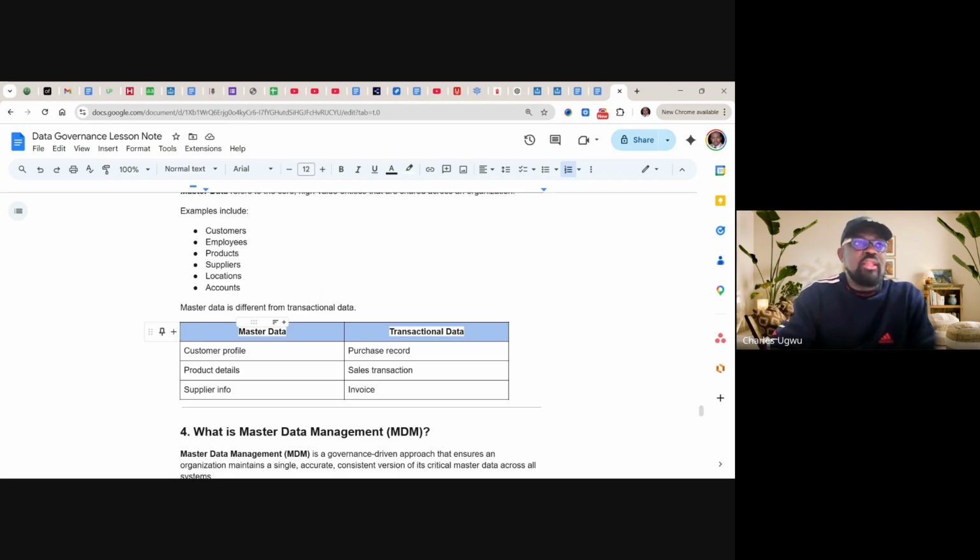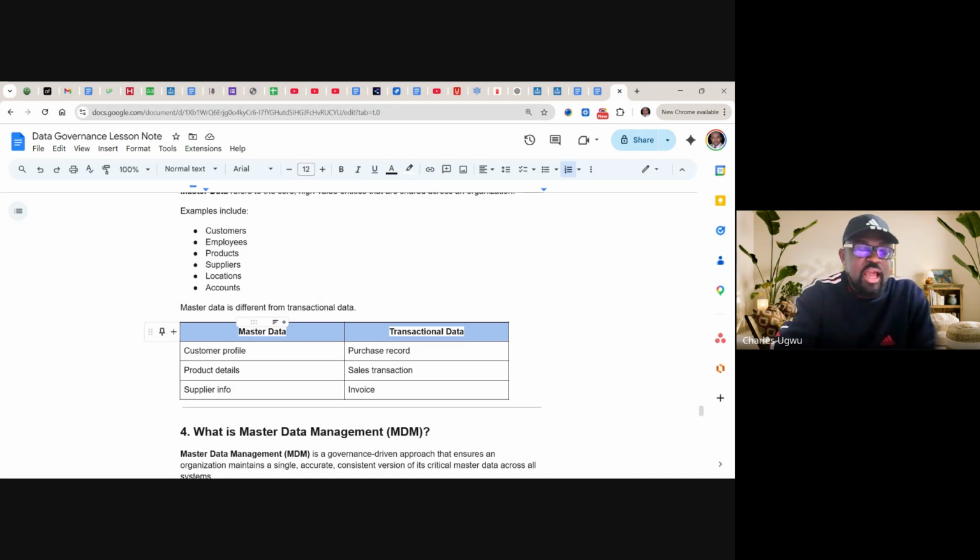Where are you located? Where is your website? So all these things surrounding master data are very valuable data entities. Let's just call it a valuable asset of the organization.